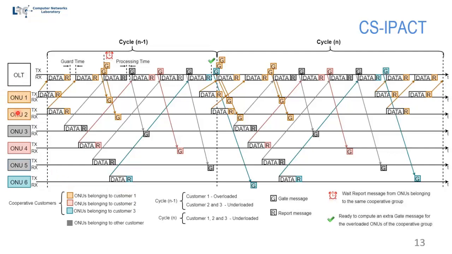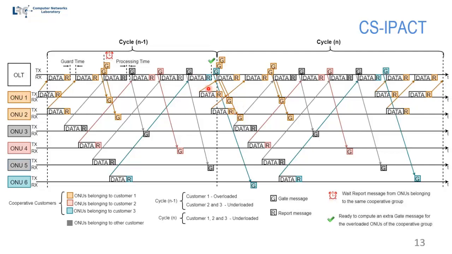When a report message comes from a cooperative customer, such as customer 1, the OLT waits for the arrival of report messages of all customers that belong to the same cooperative group, in this case customer 2 and customer 3, before sending an extra gate message to the overloaded ONUs in that group, in this case the ONUs which belong to customer 1, ONU 1 and ONU 2.